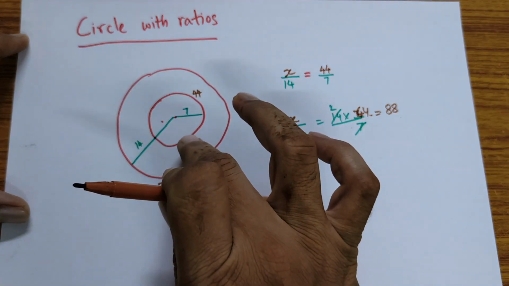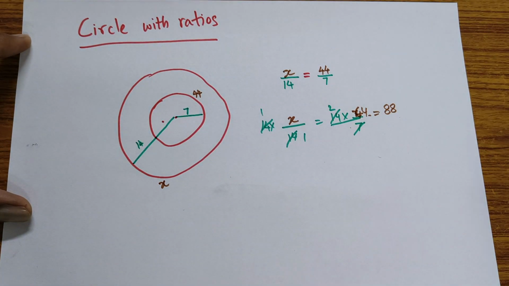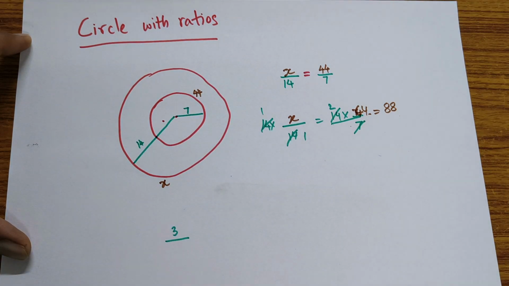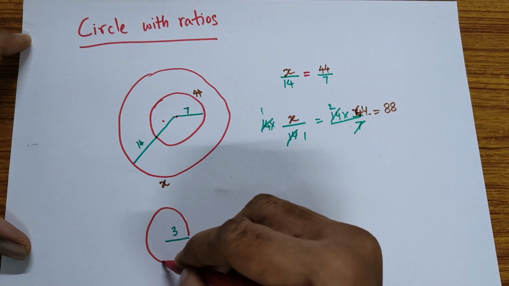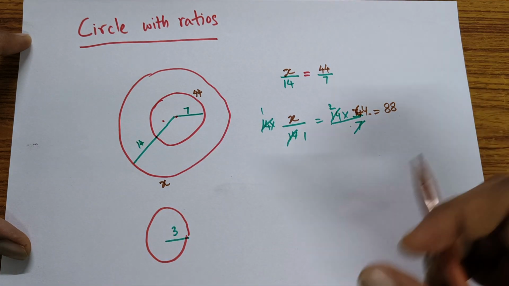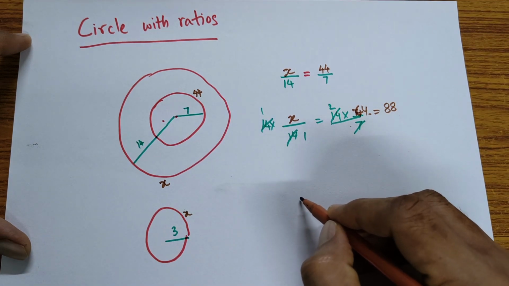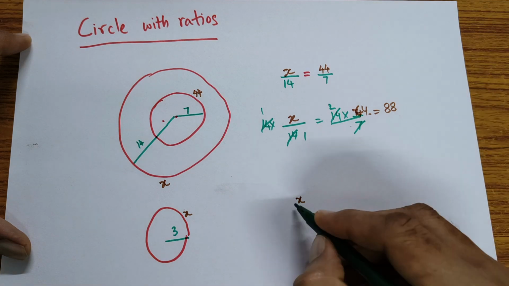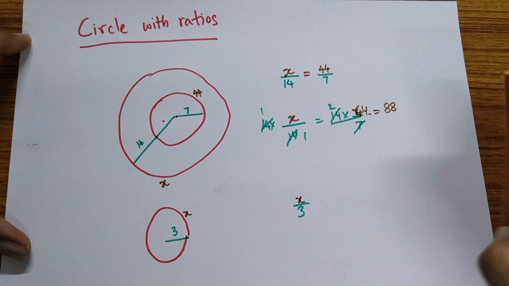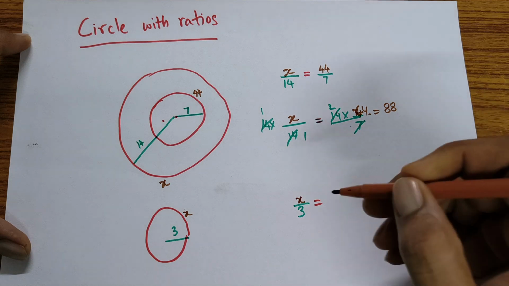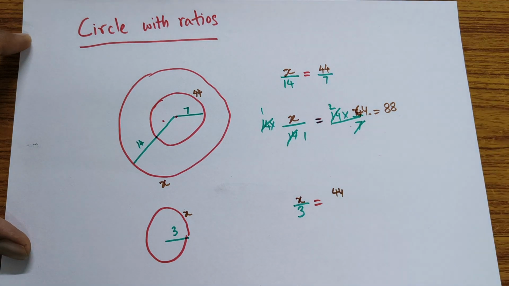At some point, you can drop the inner circle, and you can simply say, I have a circle which has a radius of 3. What is its perimeter? And then the children will say, okay, this is what is not given. So I know that my x by 3 is the same as 44 by 7, right?